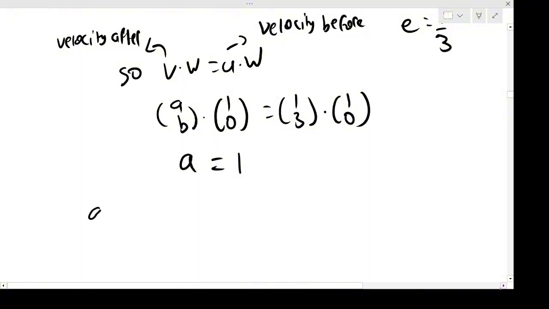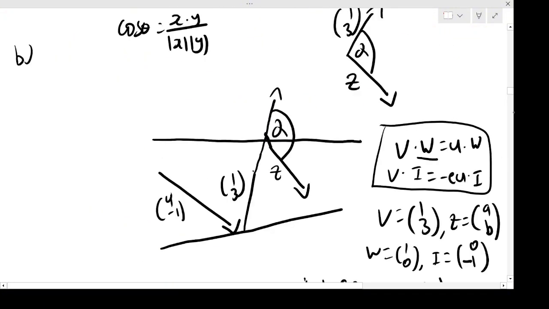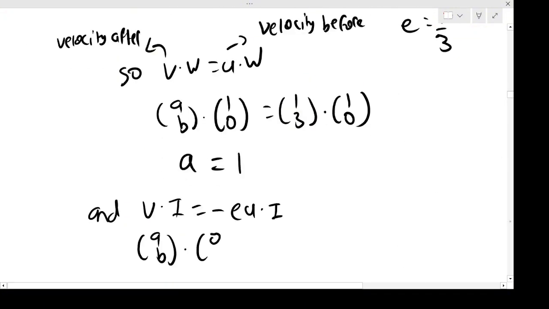Then if I look at the second formula, that's saying V dot I is minus E U dot I. So in this case, that's going to be AB for my velocity afterwards, dotted with I, which we said was 0 -1. It's going to be minus E, so minus a third for E, dotted with the velocity before, which is 1 3, dotted with I, which is 0 -1.